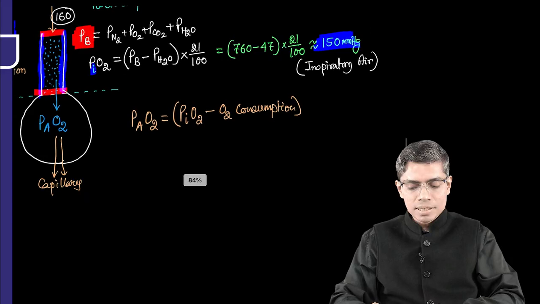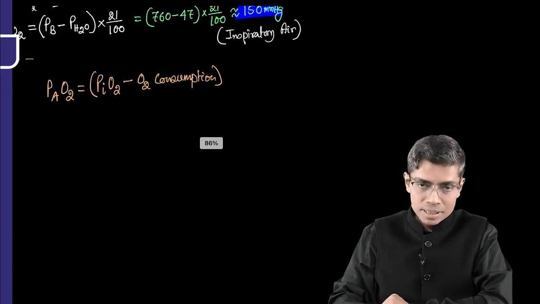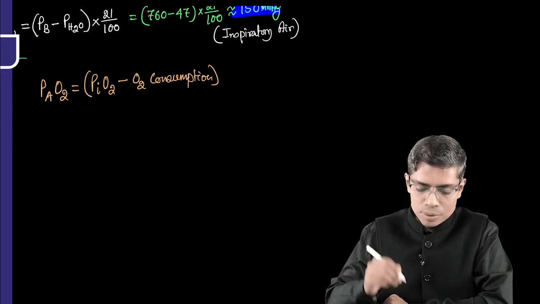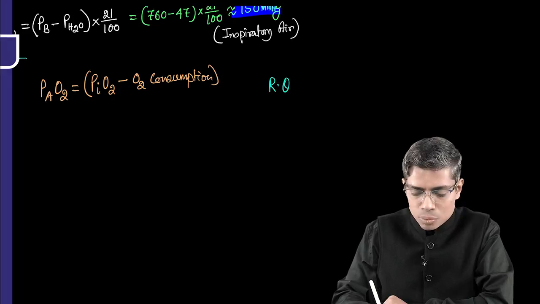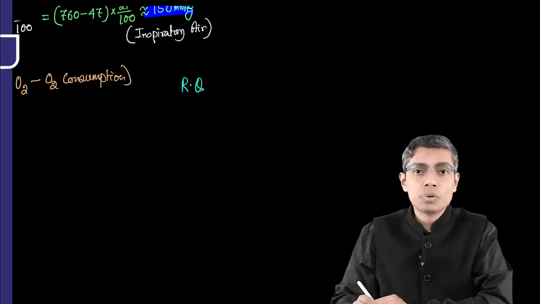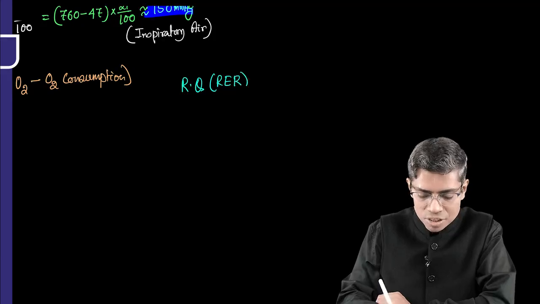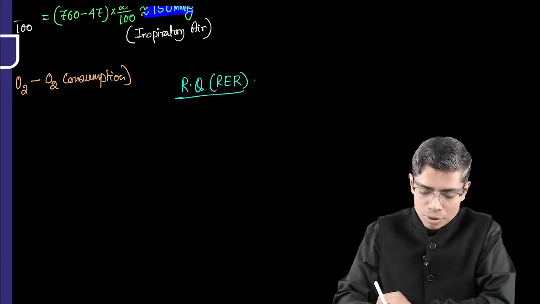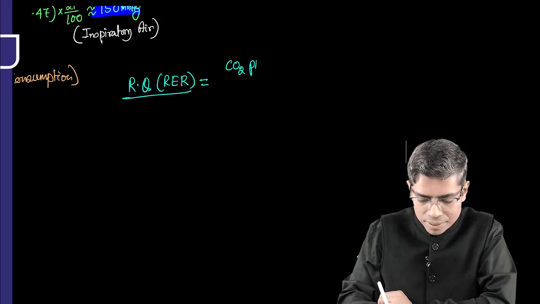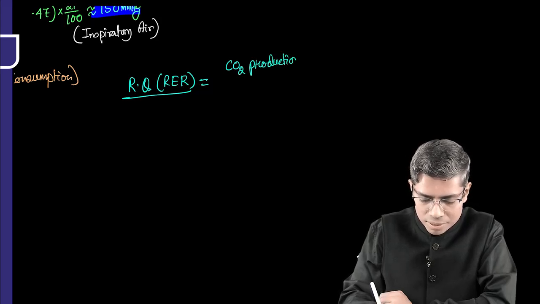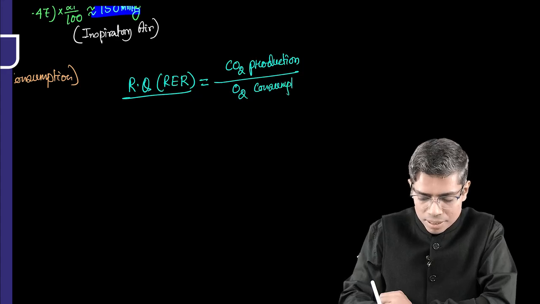So now I have to calculate the oxygen consumption at the level of lung. You can do this by the direct spirometry method, or sometimes we calculate oxygen consumption indirectly with the RQ, that is the respiratory quotient or respiratory exchange ratio. We all know this is equal to the carbon dioxide production upon your oxygen consumption.